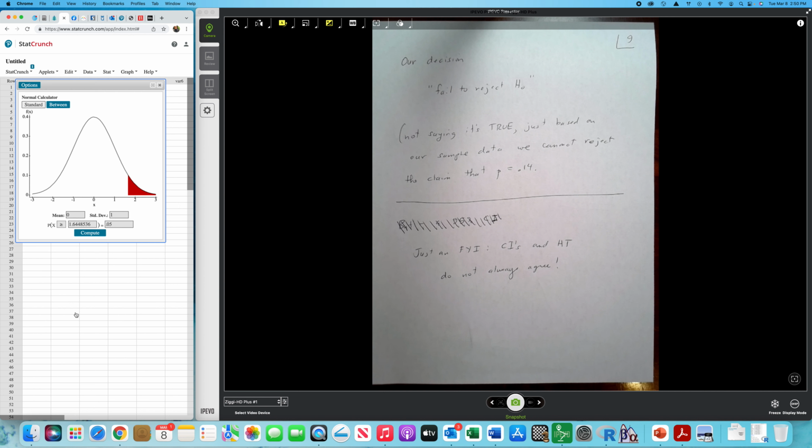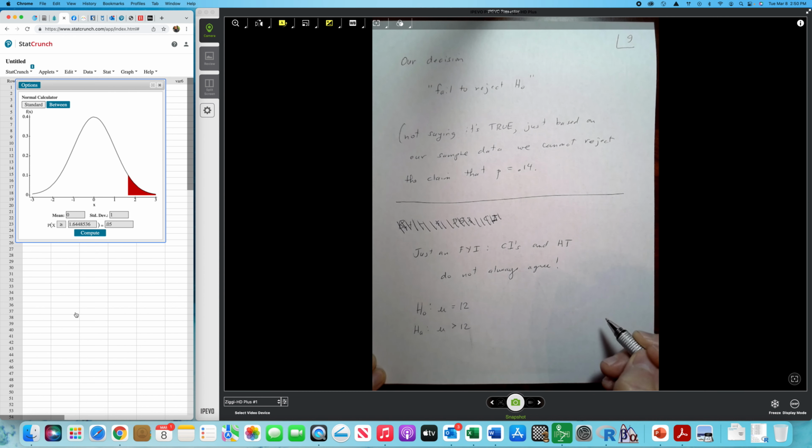Again, circling back to the way that I started out here, just an FYI, confidence intervals and hypothesis testing results do not always agree. I have seen, and I'll end up showing you an example where we're testing H sub 0: mu greater than 12.